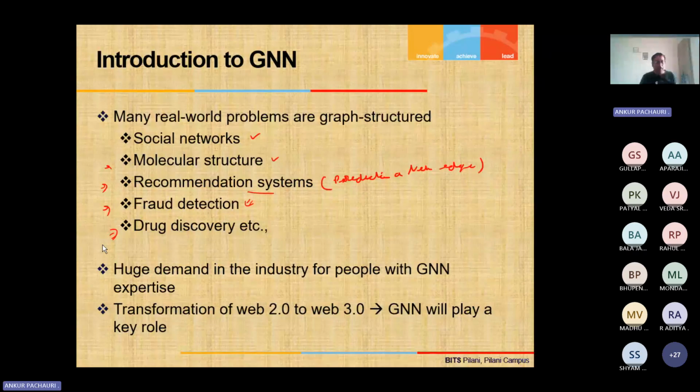Because for identifying a new drug, in a traditional way, we have to generate a new chemical and then experiment on rats and rabbits. Humans were not allowed. Then we have to observe the behavior of those rats and rabbits in the lab, and then we can say something about the drug. It was costly and time consuming.